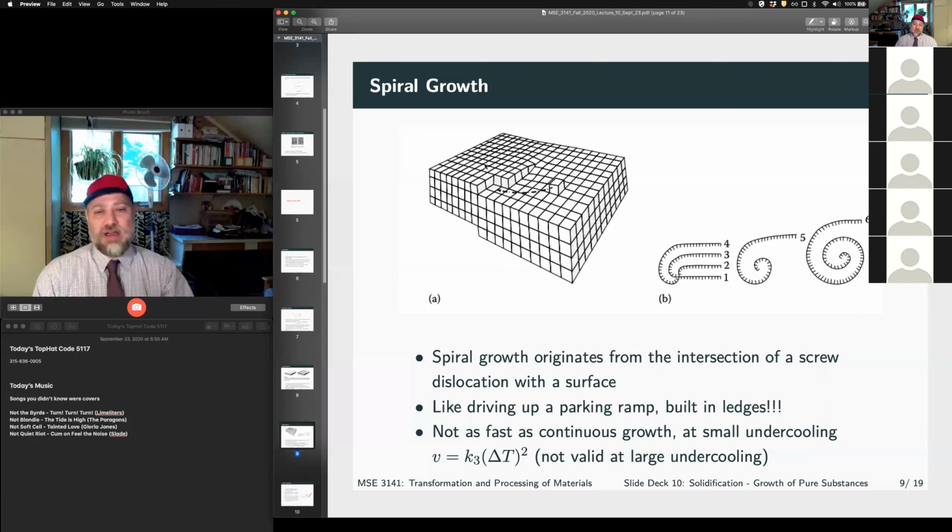While talking about that in detail isn't super relevant for what we want to do, it's a little off topic, just keep in mind that the spiral growth mechanism happens all the time, especially in the fabrication of functional materials and devices, because of the existence of threading dislocations.